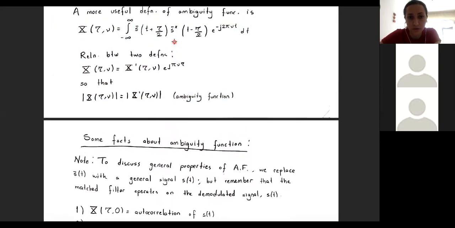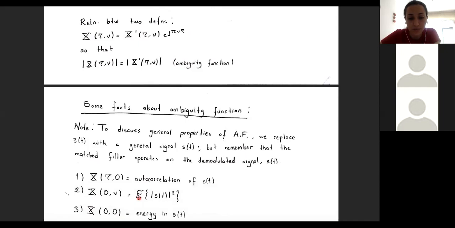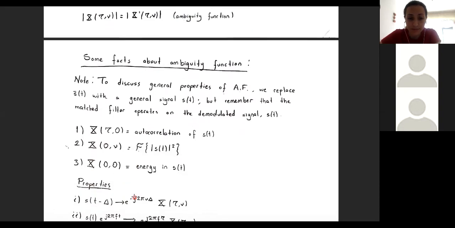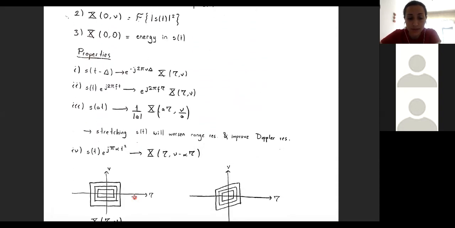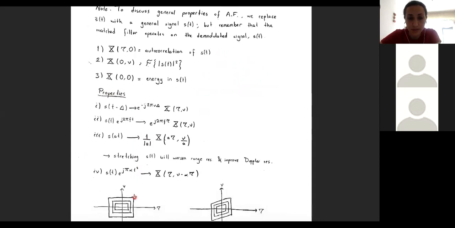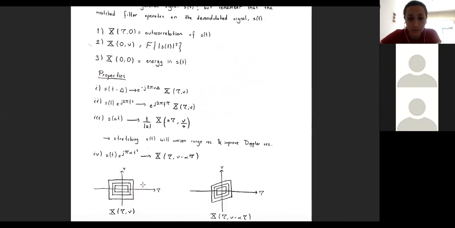Here you just have the magnitude of S of t, and there is this term, which is basically taking the Fourier transform. So you're going to have the Fourier transform of the magnitude squared of S of t, and that's what you're going to see in the v slice. So what does that mean? If you look at those things together, suppose this is an ambiguity function.